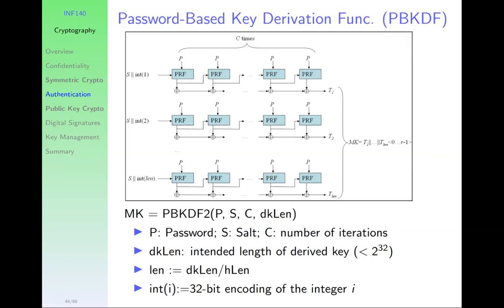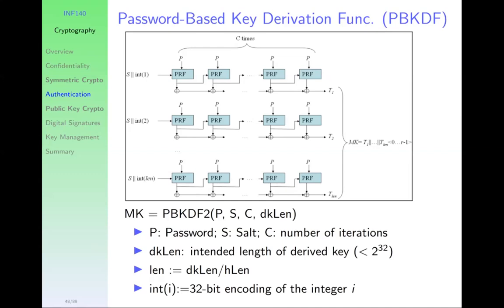Then it is used as input of a hash function, or here it's called PRF, which stands for pseudorandom function. So it's like a random function outputting random binary strings. Then the output will be used as the input of the second operation. And all the outputs of these blocks will be XORed, and it gives you an output T1.